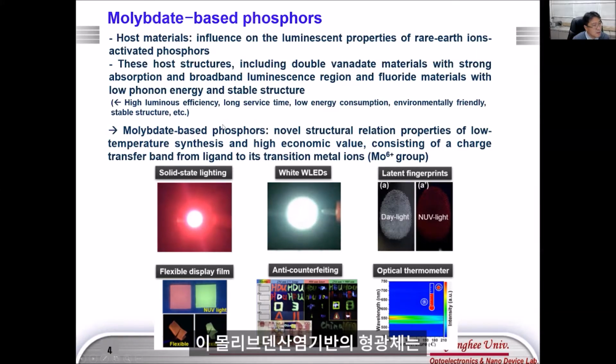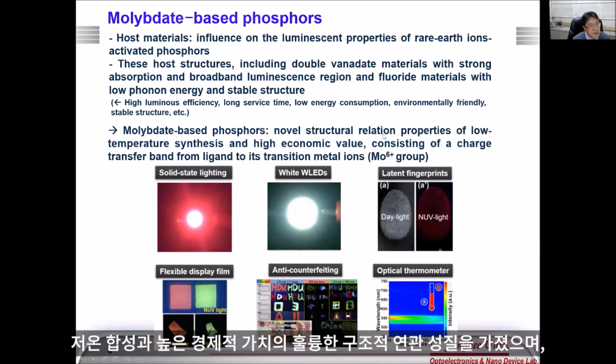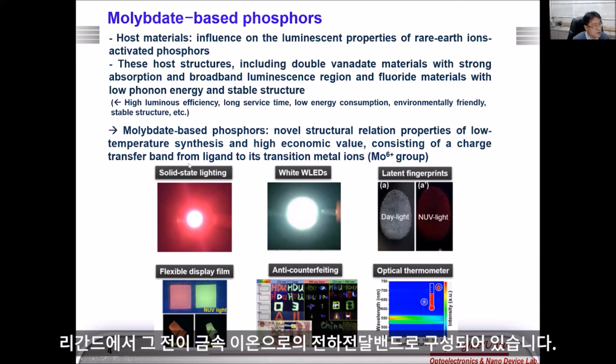Molybdate-based phosphors provide novel structural relation properties of low temperature synthesis and high economic value, consisting of a charge transfer band from the ligand to each transition metal ion.